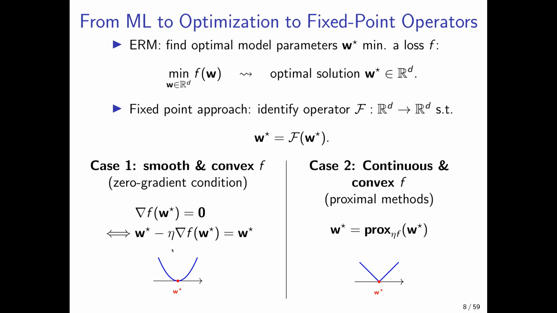It turns out we can multiply this by some scalar eta, and then also add w on both sides and turn this into a fixed point equation. Of course, the left-hand side here looks very much like gradient descent. We will see that this is very much related to gradient descent, which in turn is very much related to some fixed point equation.